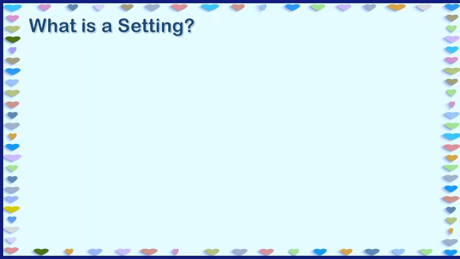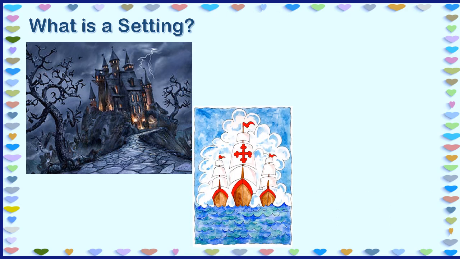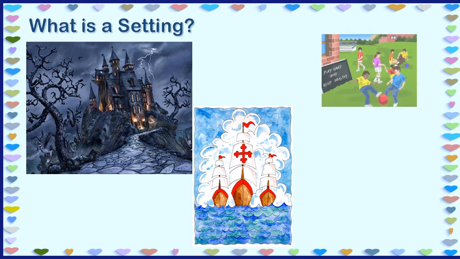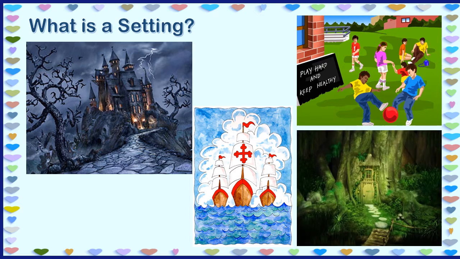So let's look at what is a setting. So this might give you a clue. A very dark, spooky castle, or 3 ships on the open ocean, a normal setting for our environment, children at school, or a deep dark forest with a tiny little house in the base of a tree. All wonderful ideas for settings for a story.